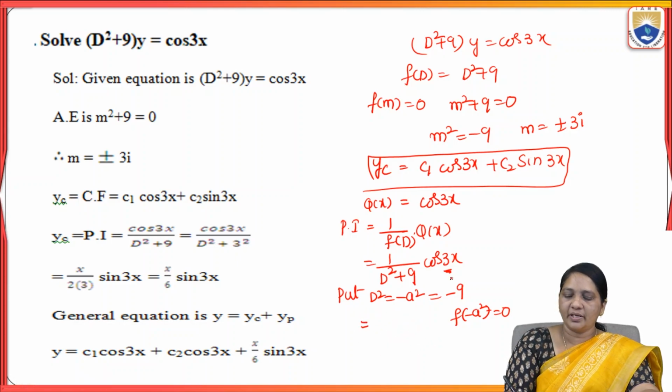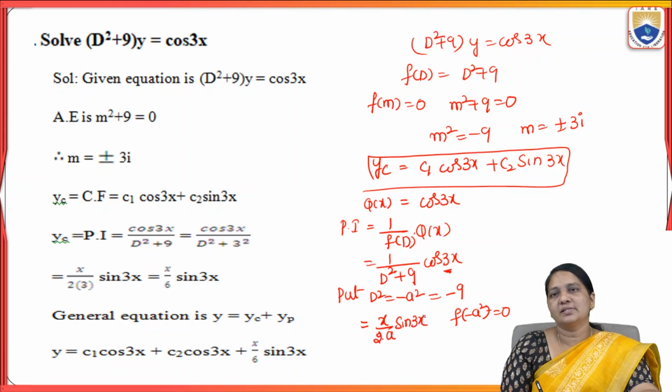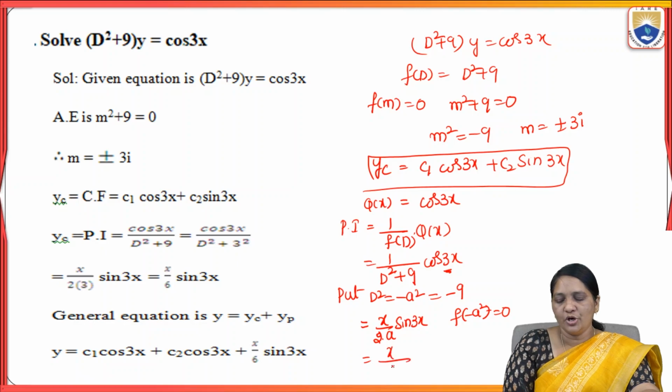What is that formula here? We have cos ax, so x by 2a into sin ax, that is sin 3x. So x by 2 into 3 sin 3x. So finally this is x by 6 into sin 3x.